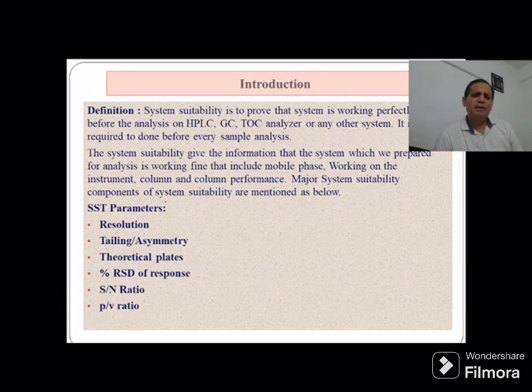Here are a few parameters which we can choose in different methods based upon the test. Suppose we are checking the chromatographic purity or related substances method, at that time we can check the resolution between two neighboring peaks. Tailing we can also use in the related substances method, purity method or assay method, especially tailing.